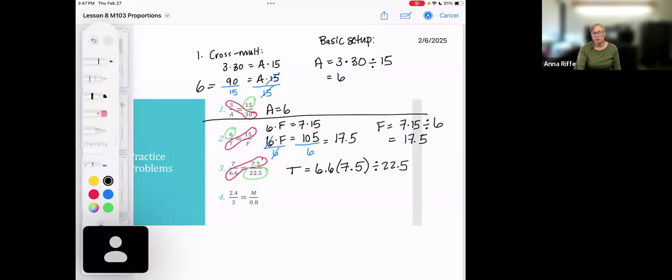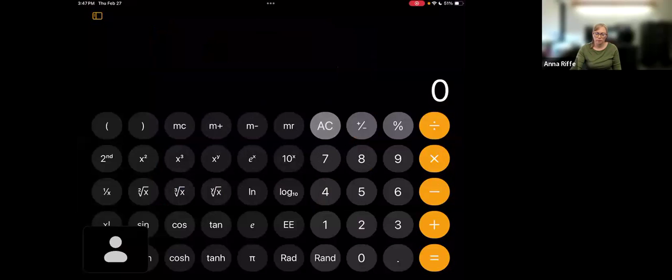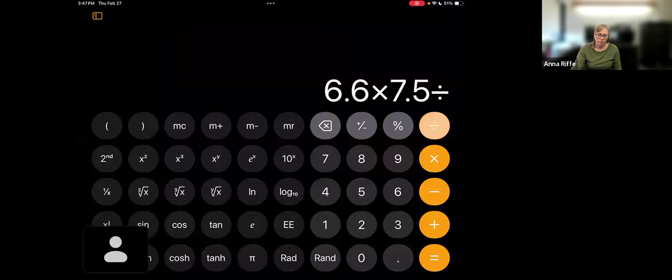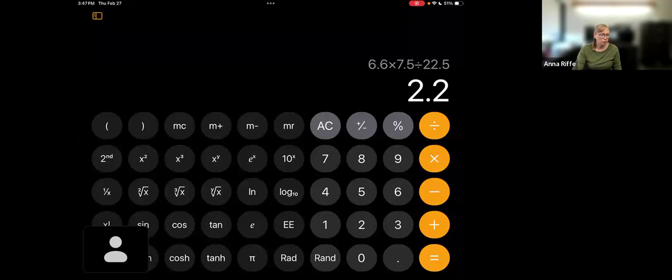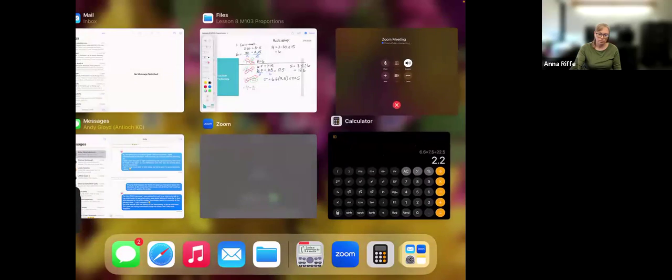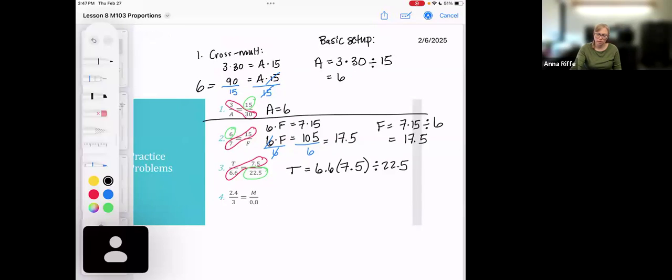This can go into my calculator. 6.6 times 7.5 divided by 22.5 gives me 2.2, which is not what I got earlier, but seems to be what my calculator got. So that is 2.2.